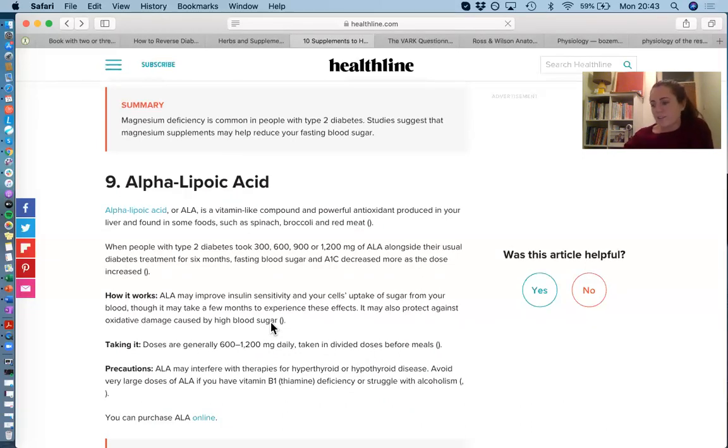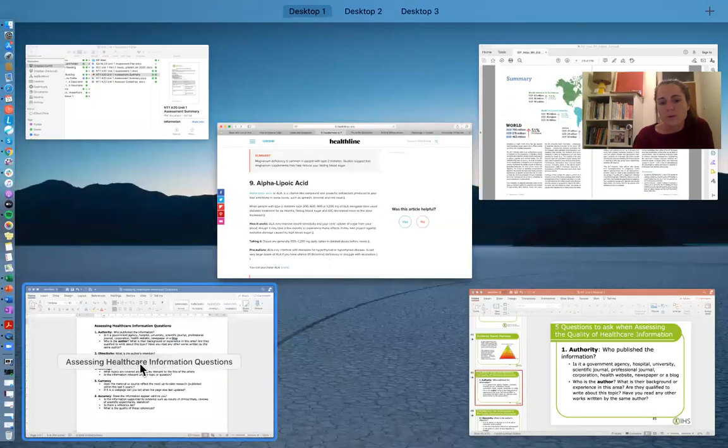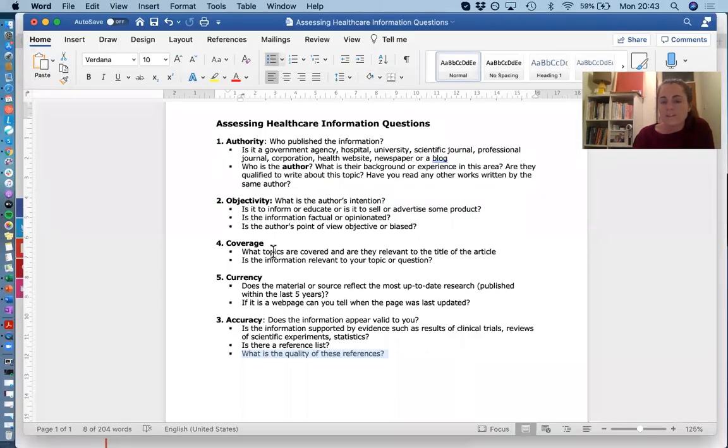Hopefully that gives you an idea of what you're looking for in a piece of information, or how you assess its quality. It's through going through all of these questions that you can come to a conclusion.